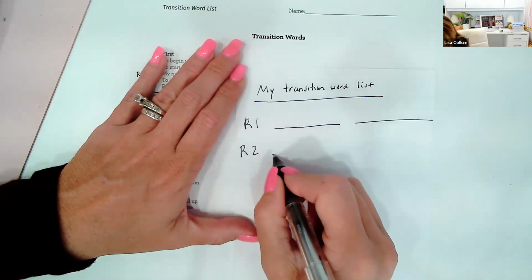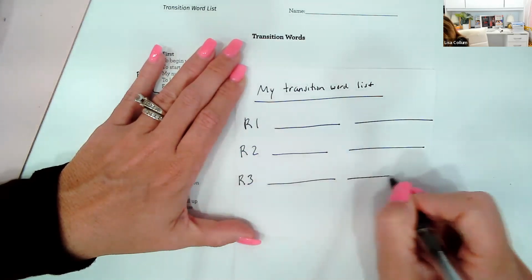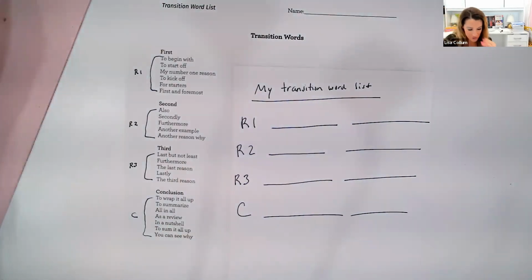You write R1 with 2 lines, R2 with 2 lines, R3 with 2 lines, and C with 2 lines. I'll give you a few minutes just to write out that real quick.